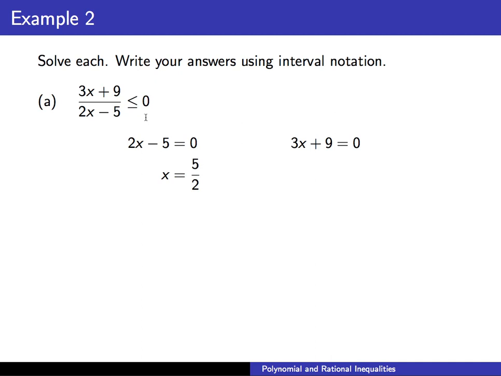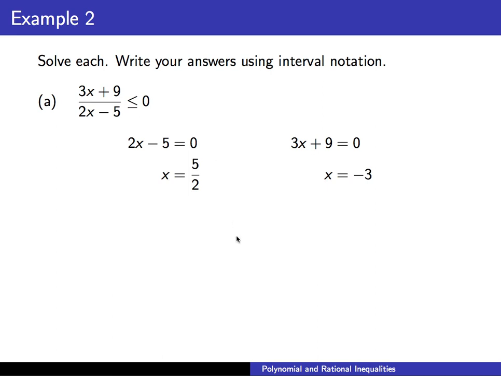And that's one of the benefits of having 0 on the right-hand side: you can just set your numerator and denominator both equal to 0 and solve. But that only applies if you're starting with a 0 on the right-hand side. Or you could do it if you rewrite the expression for that. So 3x plus 9 equals 0 means x equals negative 3.